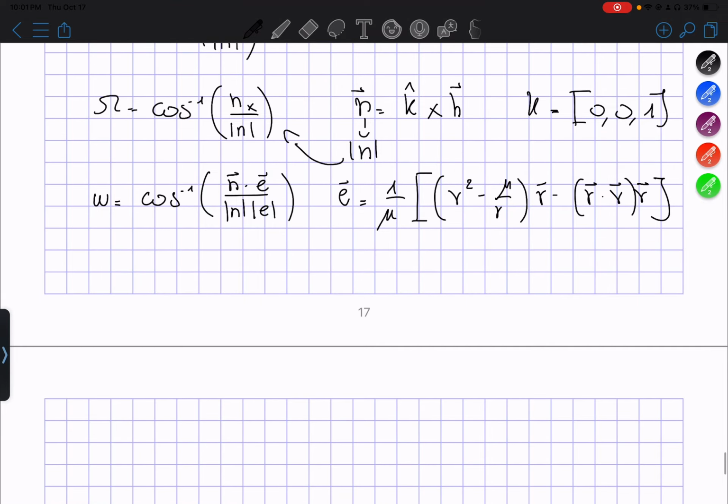And then for our f, we can use our trusty formula p over 1 plus e cosine of f, where f ends up being the cosine to the power negative 1 of 1 over e times p over r minus 1.